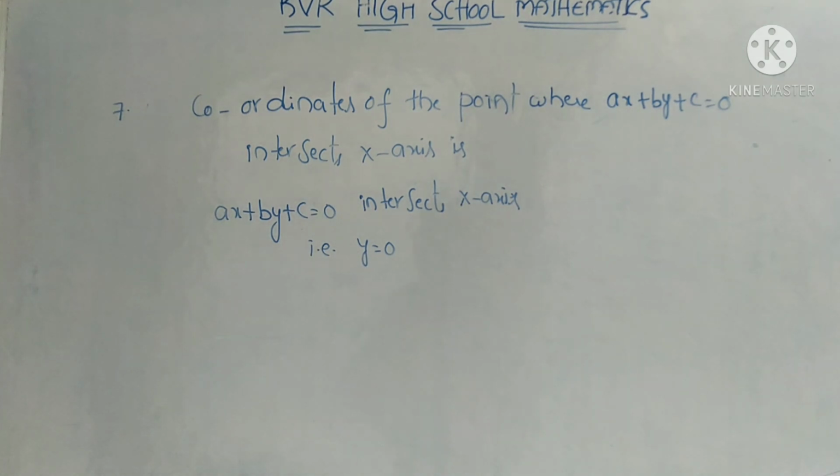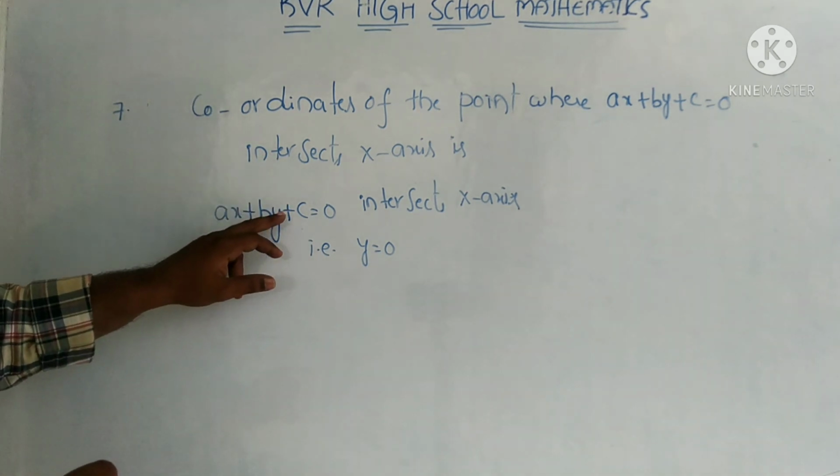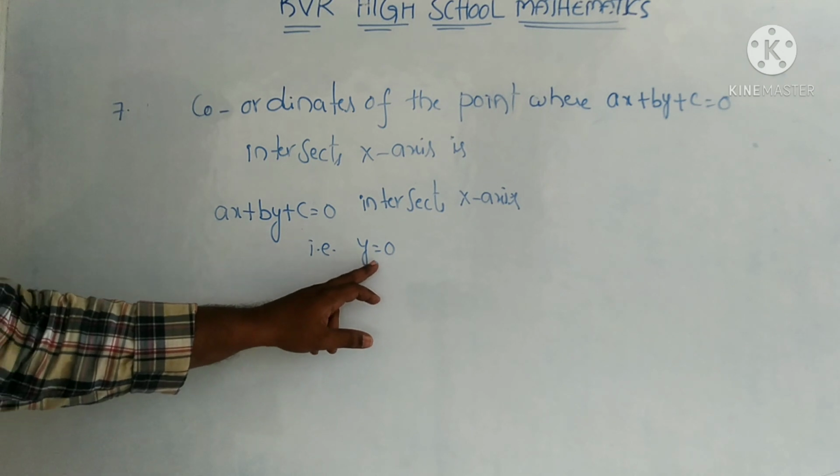What is the reason? Because the given line intersects the x-axis, the y coordinate must be equal to 0. That means y equals 0.